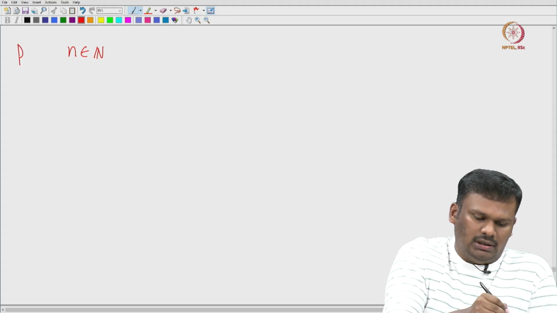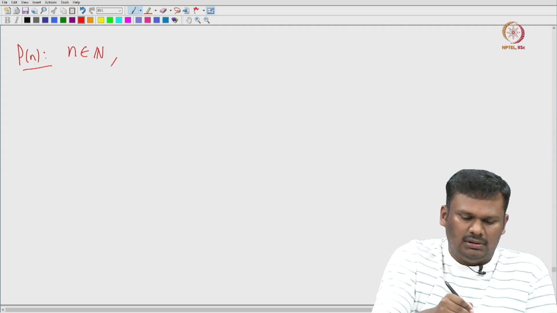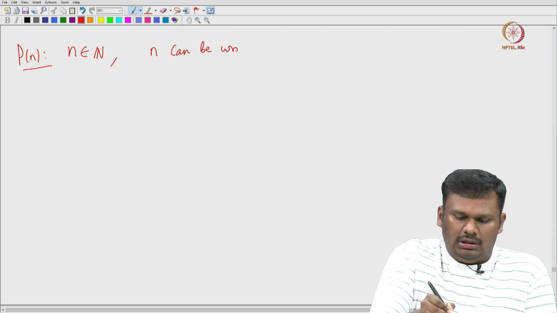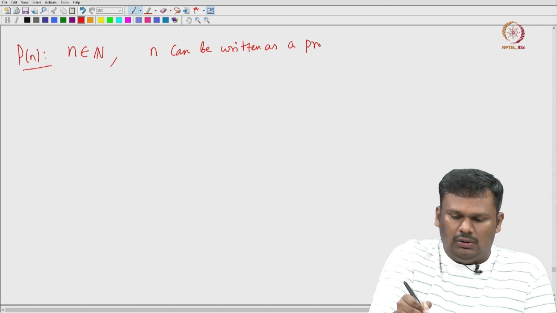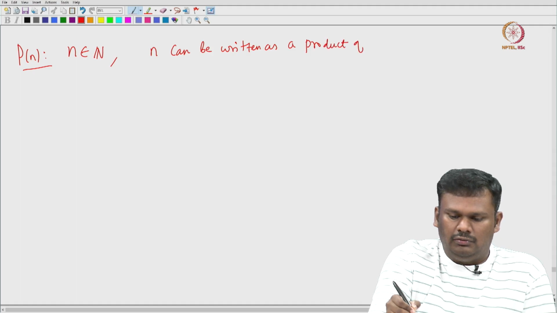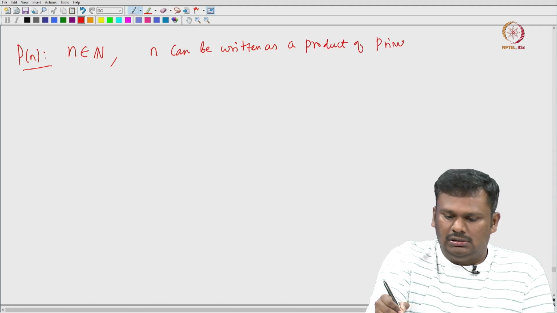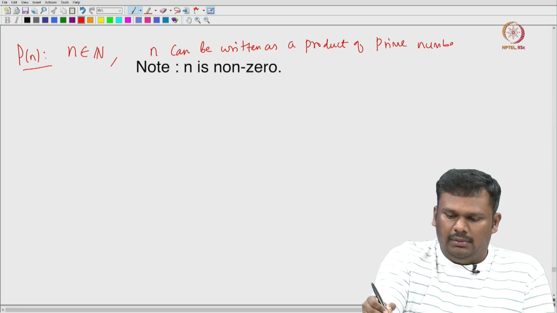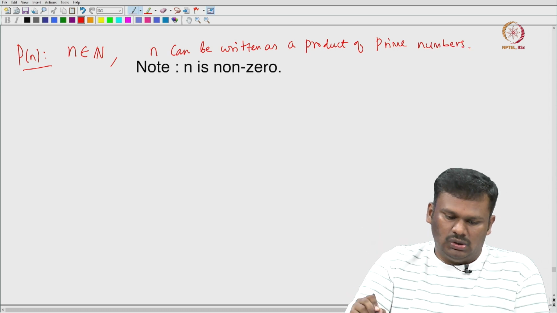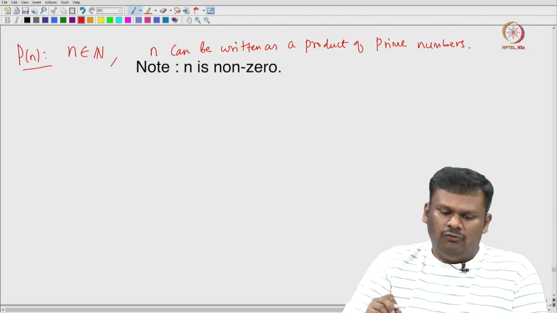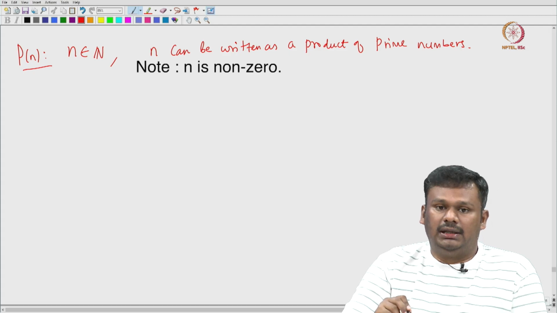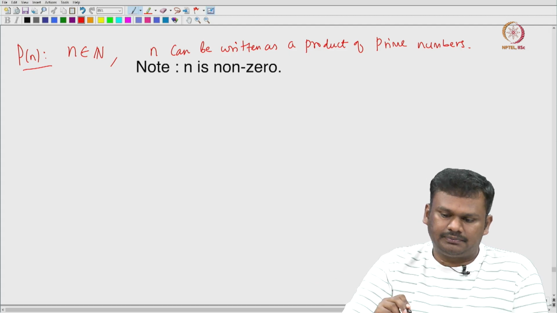Let me call it P of n. Any n can be written as a product of prime numbers. I am not worried about the uniqueness and so on. I am only focusing on whether it can be written as a product of prime numbers.